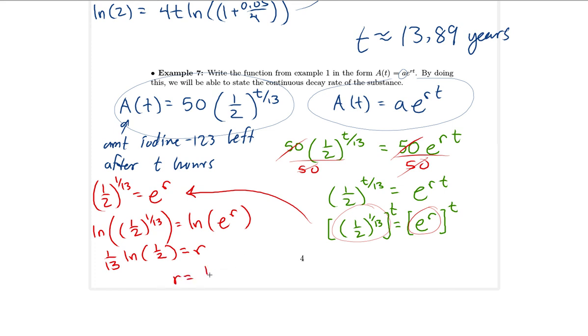By the way, you also might see it like this. So r equals 1/13 natural log of 1/2. You'll also see it expressed this way: negative 1/13 natural log of 2. That's done because it's kind of cumbersome to have 1/2 in the exponent. And this is a decay function, right?